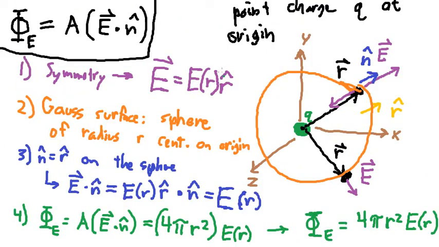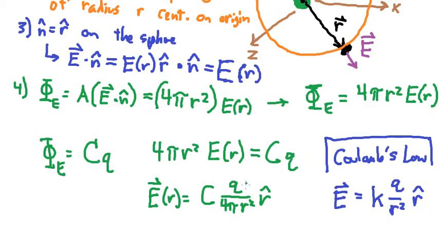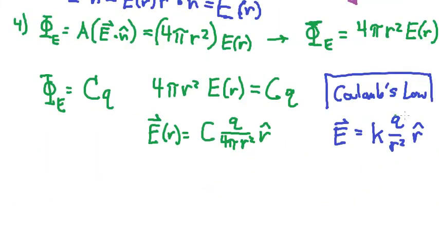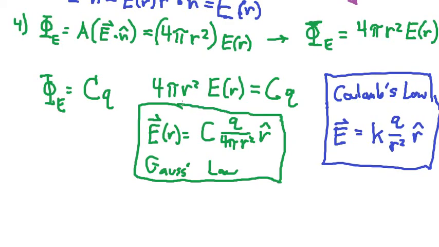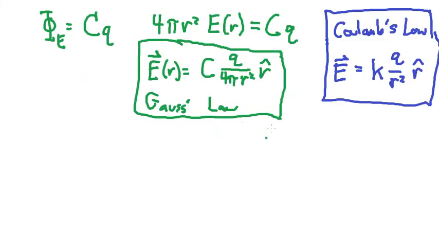So this is our phi E here: 4 pi r squared E of r equals C times Q. And so then if we want to find the electric field, we say our electric field, which is a function of r, is C times Q over 4 pi r squared.